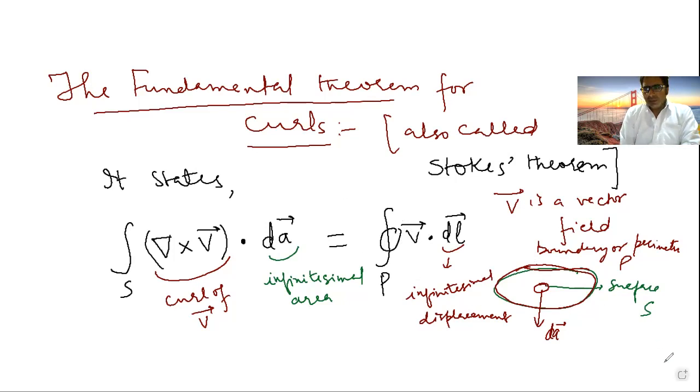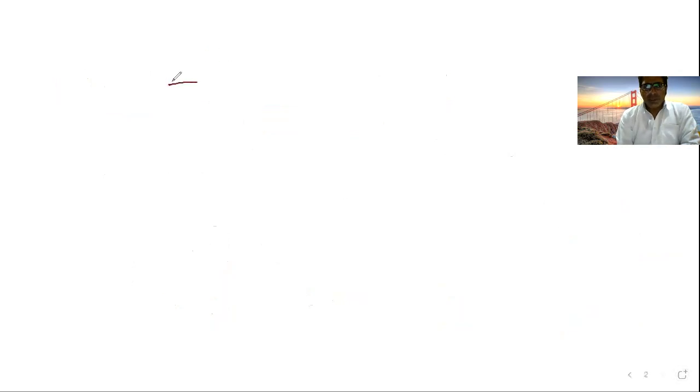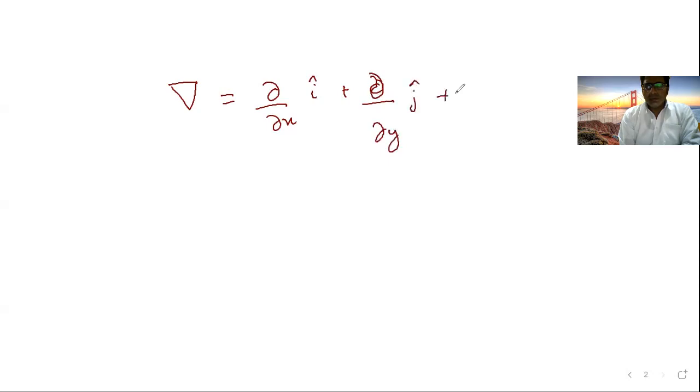Now remember what curl is. We know this del, you are familiar with it. It is ∂/∂x i cap, a vector operator, plus ∂/∂y j cap plus ∂/∂z k cap.